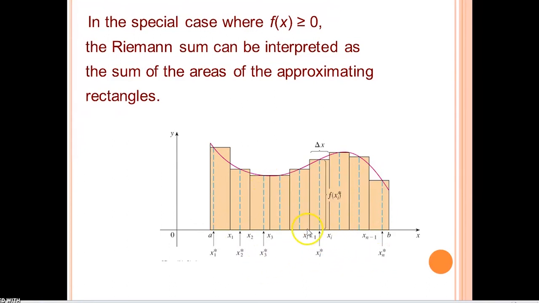In general, in the subinterval xi minus 1 to xi we have considered xi star as an arbitrary point. So we have drawn rectangular regions, and the function is approximated by rectangles in this way.